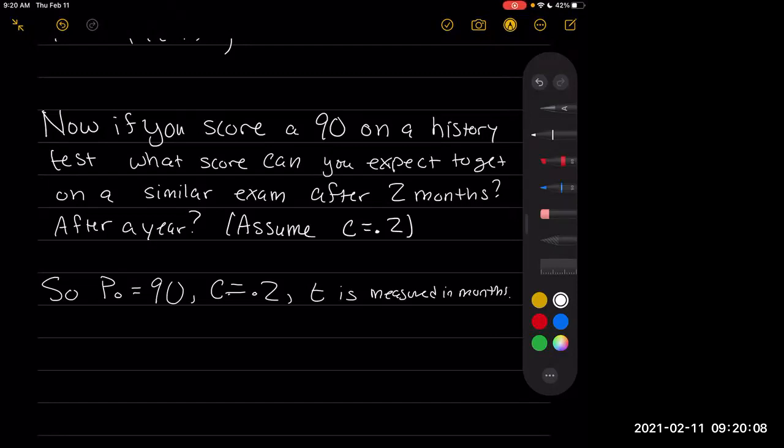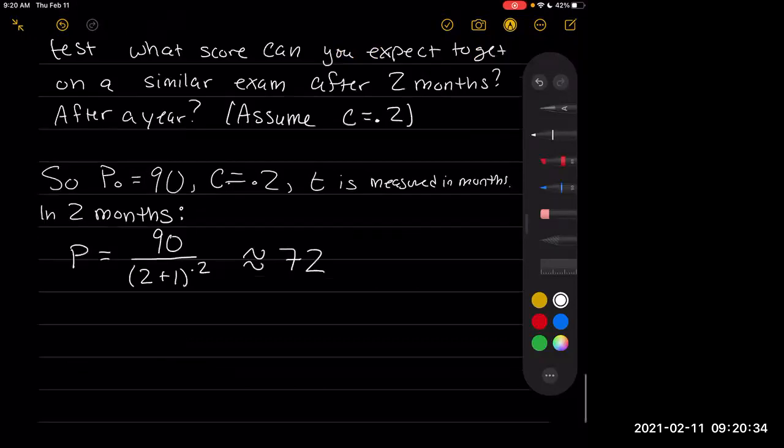So in 2 months, not moths, months, we'll see P equals 90 over 2 plus 1 all raised to the 0.2, which is approximately a 72.